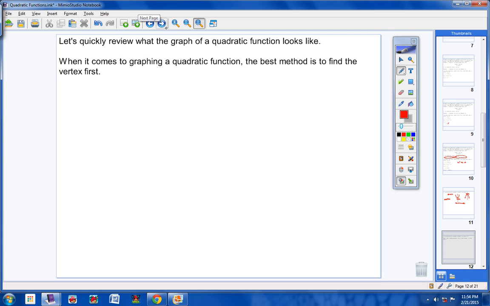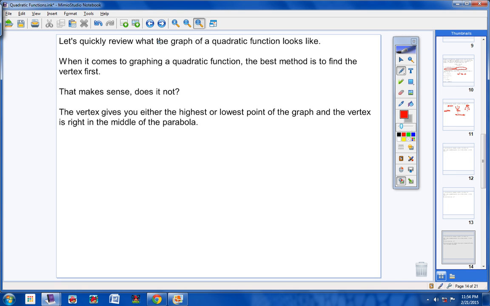Now, when it comes to graphing a quadratic function, the best method is to find the vertex first. I mean, that makes sense, does it not? The vertex gives you either the highest or the lowest point of the graph, so that helps.